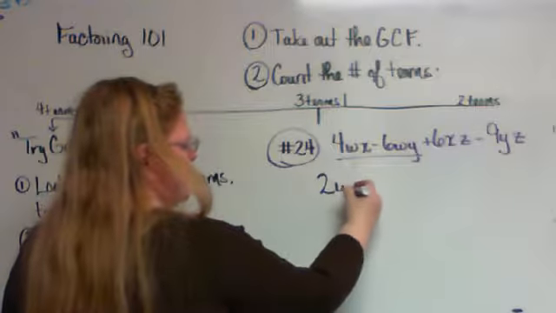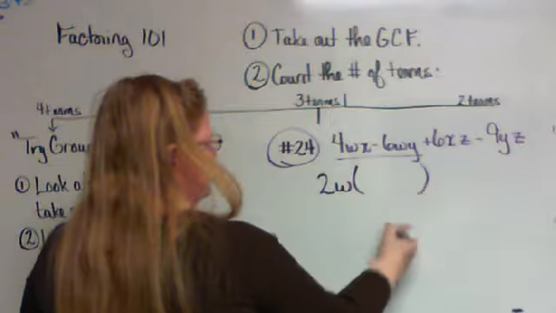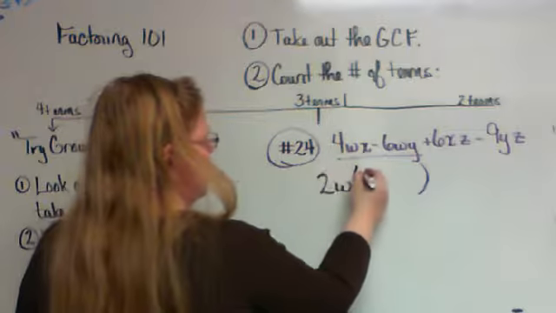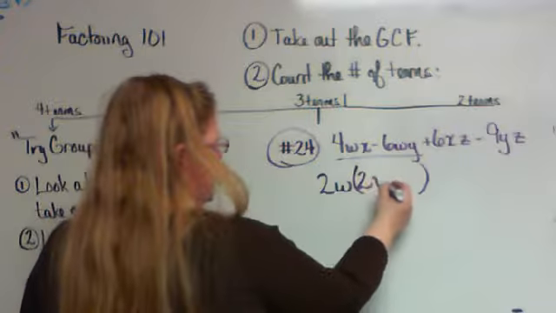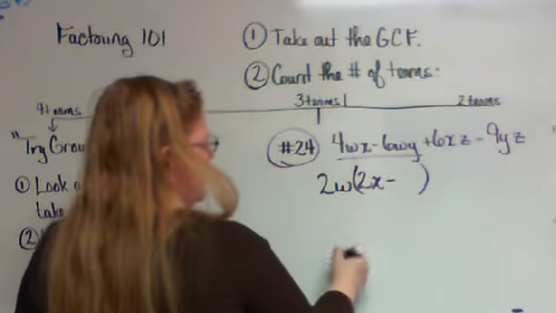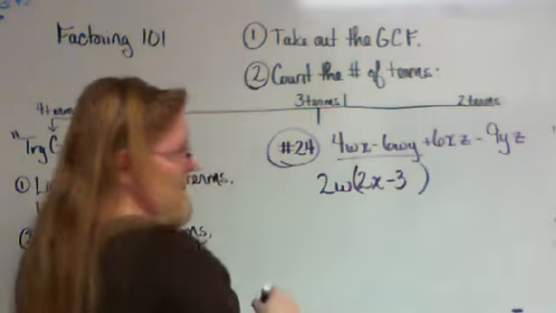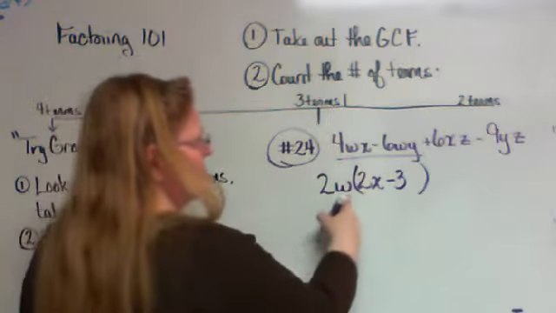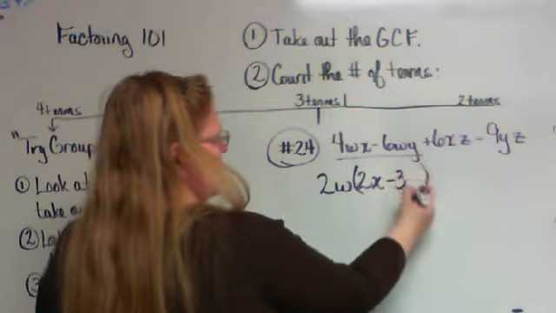Well, yeah, there's a W in both. So I take a W out. When I take 2 out of 4, that leaves me with 2. I take the W out, leaves me with an X in. Minus. Take a 2 out of 6, 3, because remember we're dividing, so 2 goes into 6 3 times. Take the W out, that leaves me with a Y.